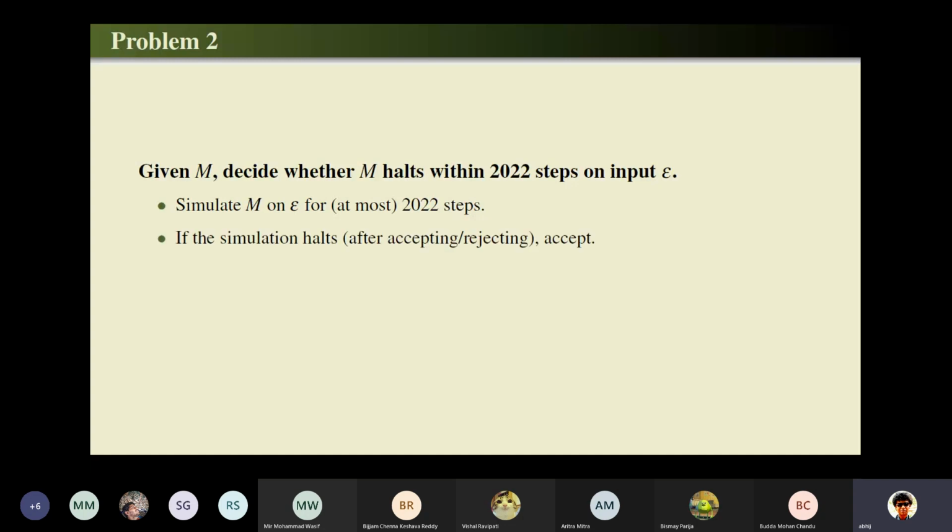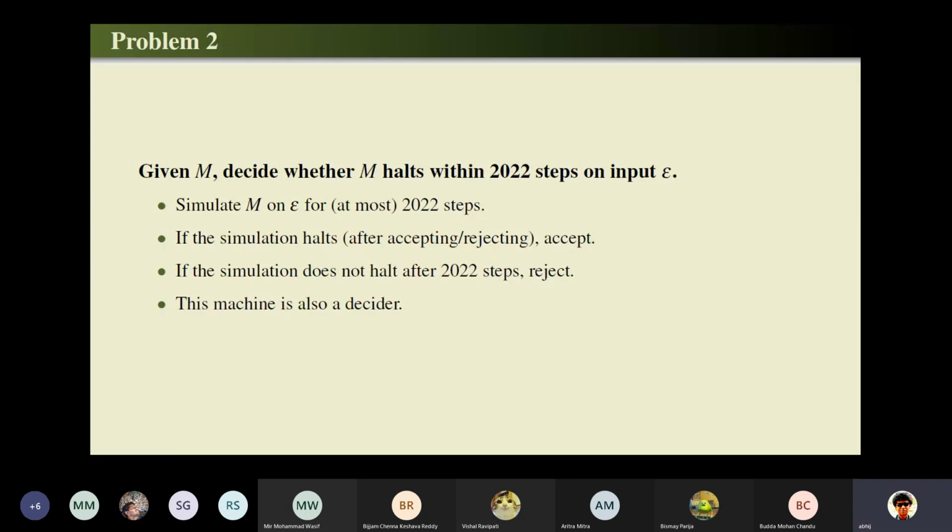This is also a very simple decidable property of Turing machines. So simulate M on epsilon for at most 2022 steps. If the simulation halts by that time, accept, otherwise reject. The machine is also a decider because it's just a limited time simulation of M on epsilon.